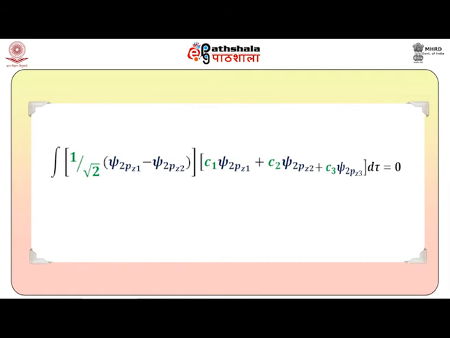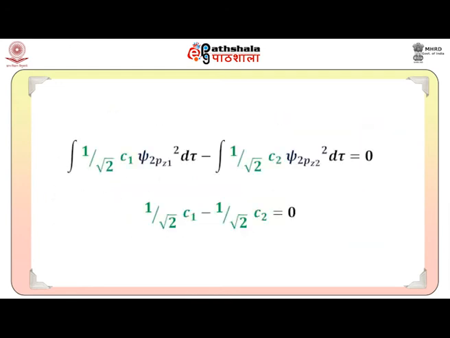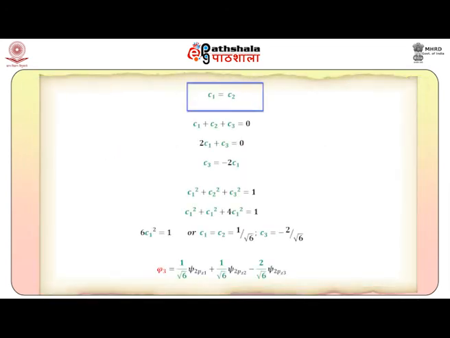And the second part is what we need to calculate for Phi3, that is C1 psi 2pz1 plus C2 psi 2pz2 plus C3 psi 2pz3. So if we expand this equation and simplify it, we notice that C1 is equal to C2 in this case.